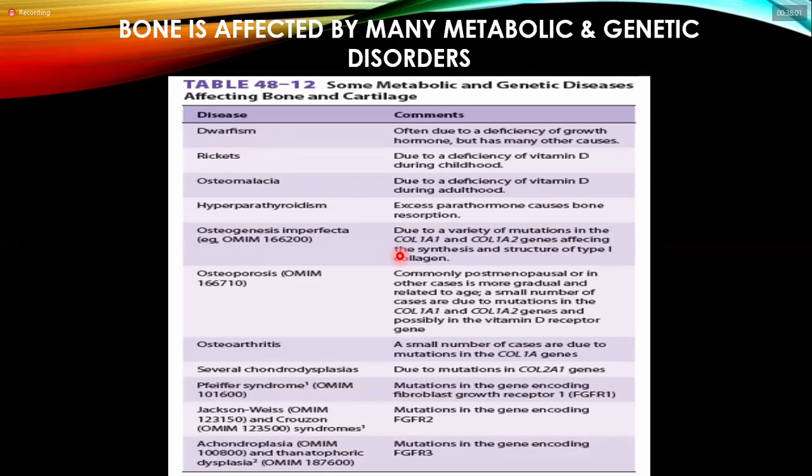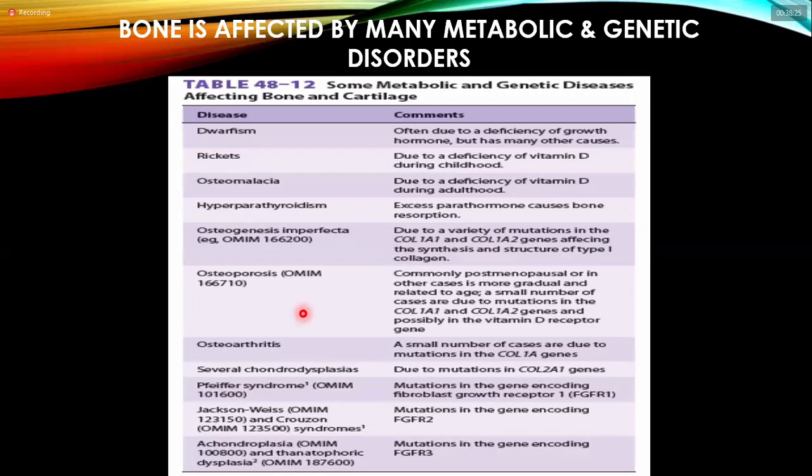So we have these different conditions, like osteogenesis imperfecta as well as osteoporosis, that are related to mutations in the genes responsible for collagen formation. And it doesn't mean that we don't have deficiency in other things, like vitamin D in the cases of osteoporosis, or hormonal abnormality.